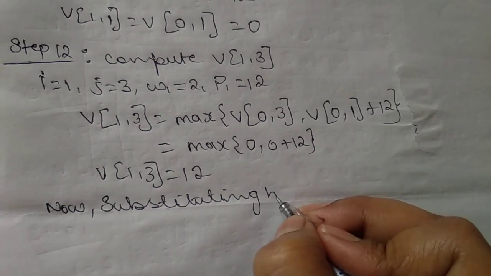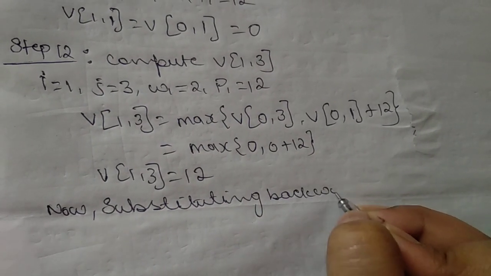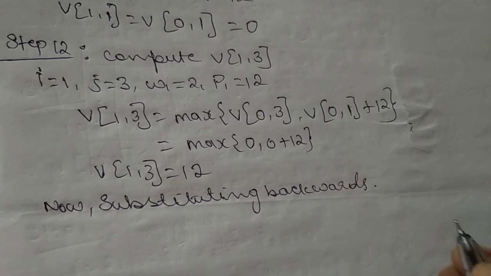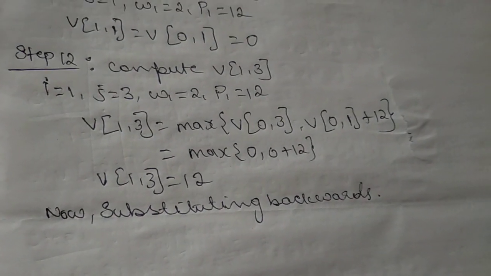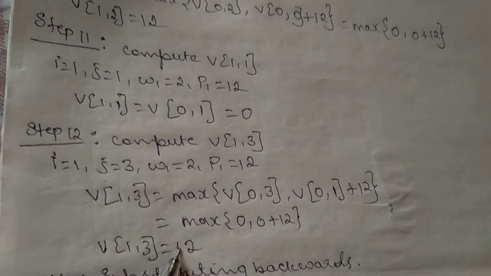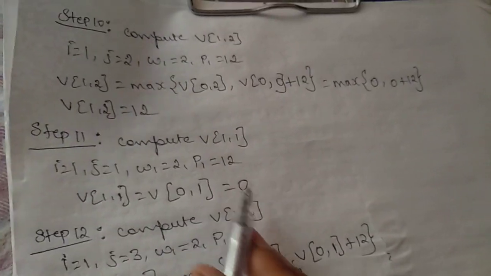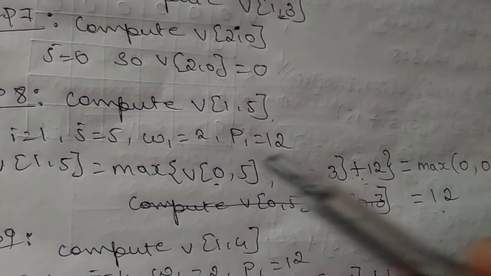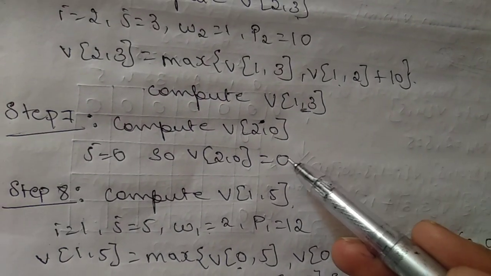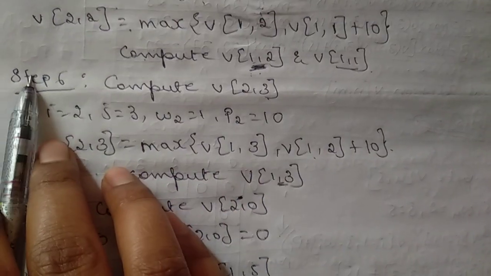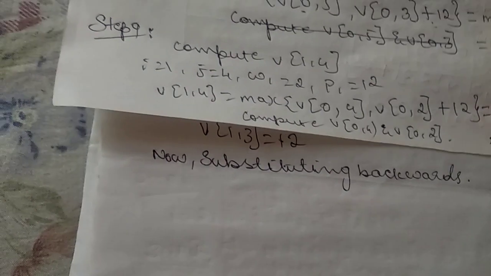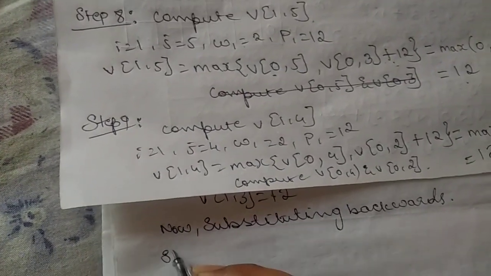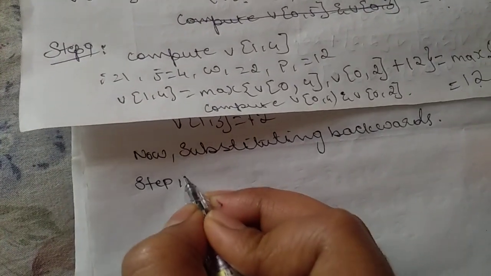Substituting backwards: step 12 got the value, 11 got the value, 10 got the value, 9 got the value, then 8 got the value, 7 got the value, 6 we didn't get the value. So you have to compute the value for step 6 in step 13. Now I'll take step 13.